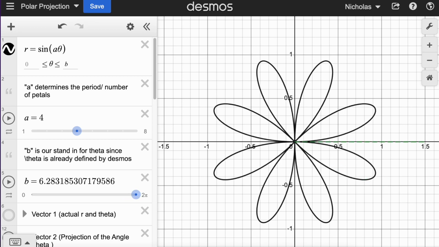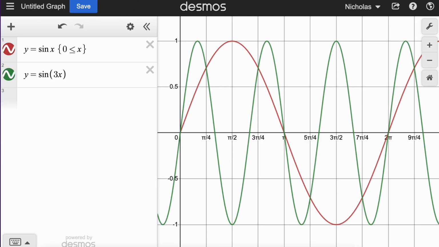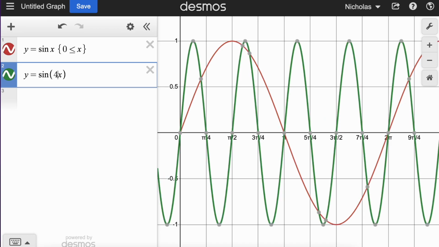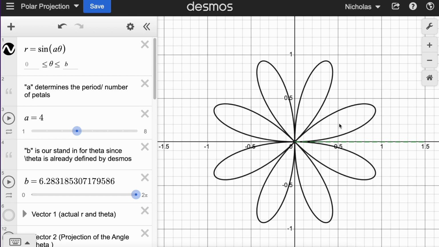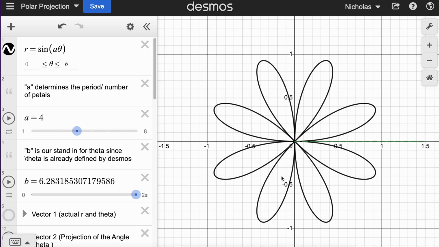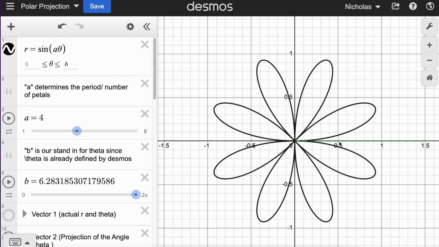So sort of the way the graph, sine of 4x, works, this positive, this positive, this positive, this positive sort of fill in every other one, but that ends up being 1, 3, 5, and 7. So you get petal 1, 3, 5, 7 filled in from the positive direction, and then the other ones just end up getting filled in negative. And so it all kind of just works out really nice.